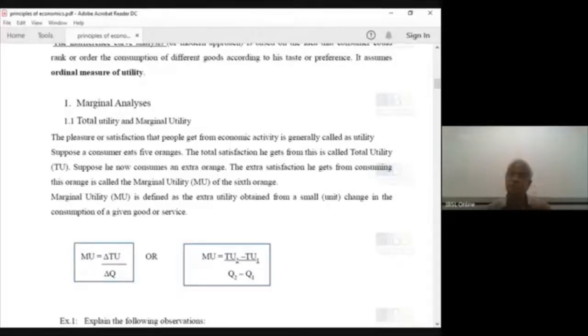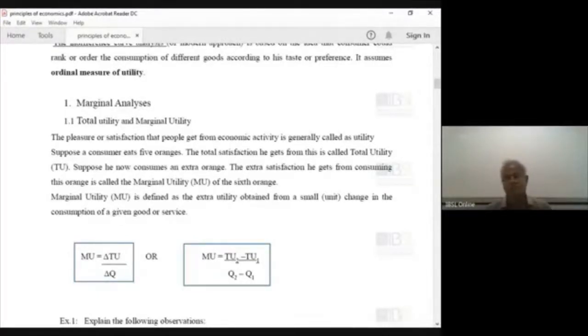Marginal utility is the satisfaction, pleasure, utility of the last unit. The formal definition is the change in total utility, 110 minus 100, divided by delta Q, the change in quantity, 6 minus 5.